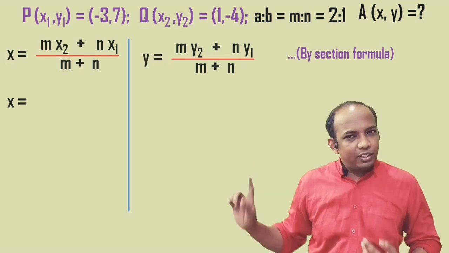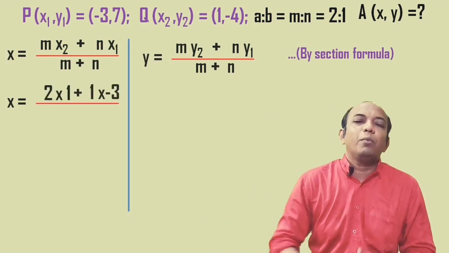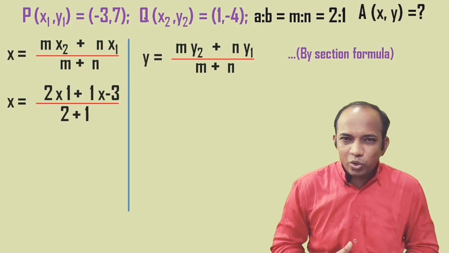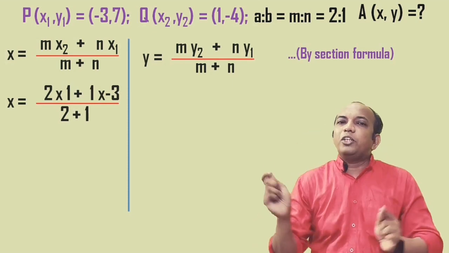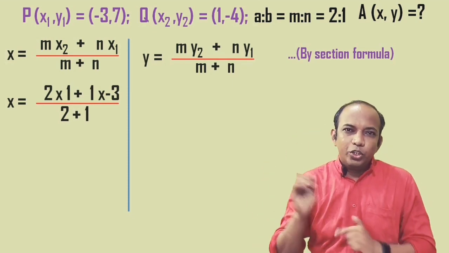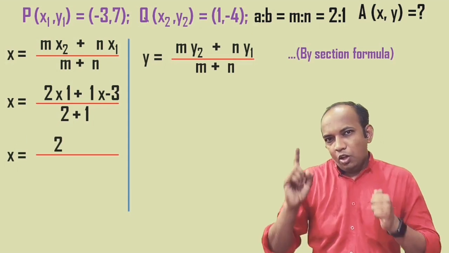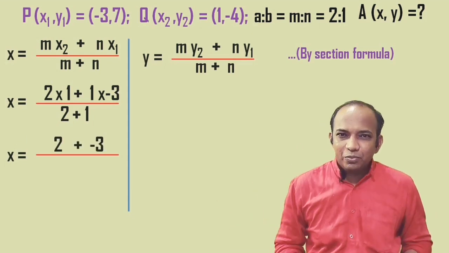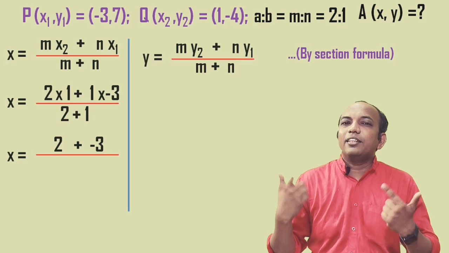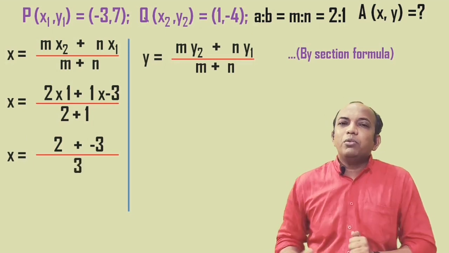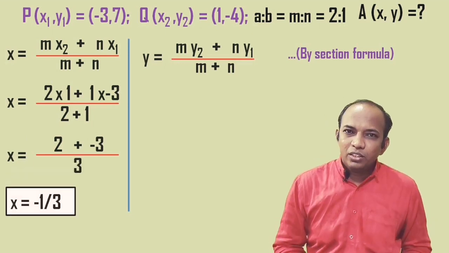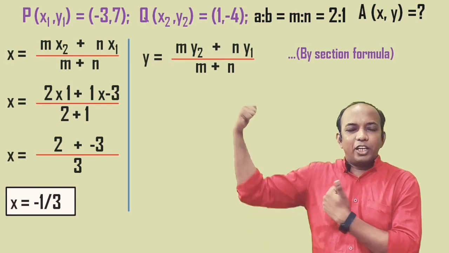So in short we have 2 into 1 plus 1 into minus 3 the whole upon 2 plus 1. The moment you carry out the operation, 2 into 1 we get the answer 2, 1 into minus 3 is negative 3, and in the denominator we get 3. 2 minus 3 is nothing but minus 1. So in short we have x equal to minus 1 upon 3.